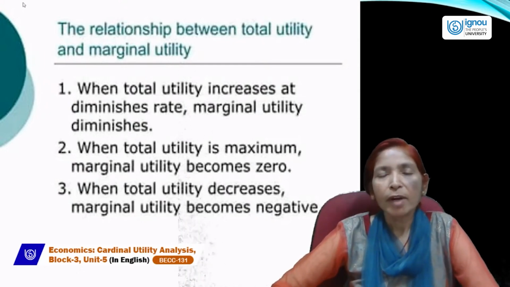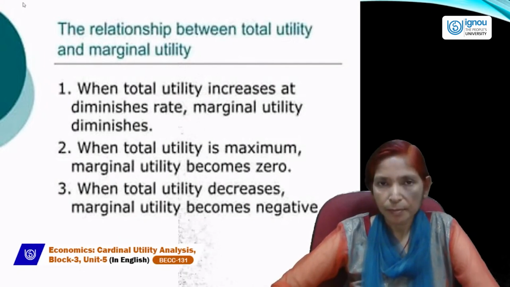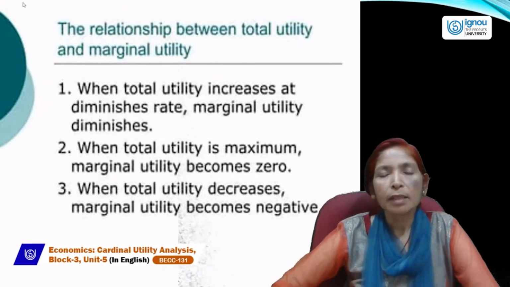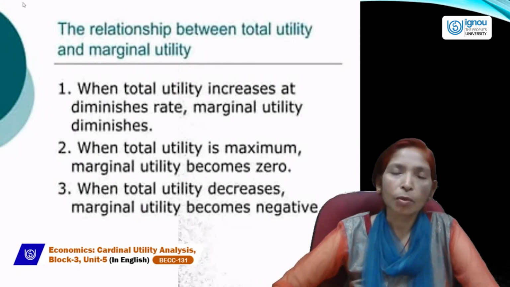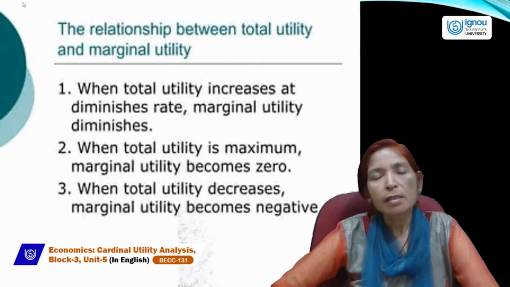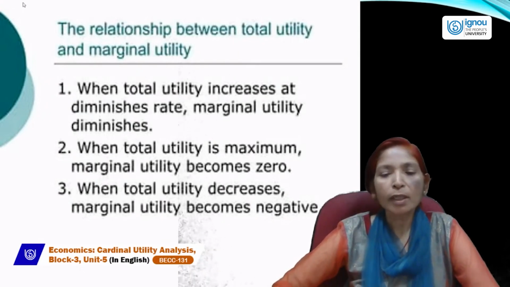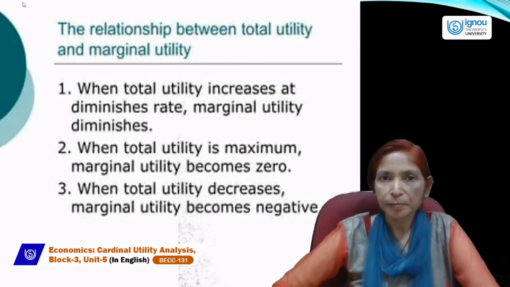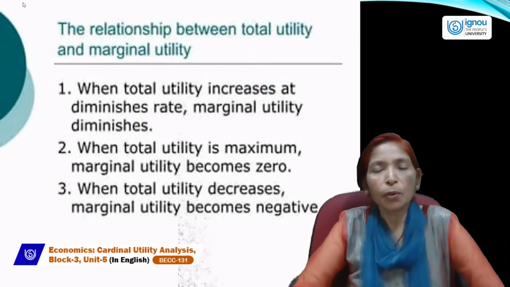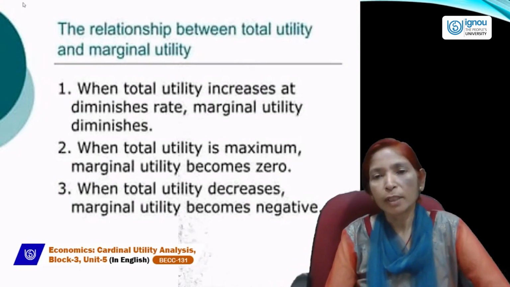It means when TU increases at a diminishing rate, then MU will diminish. Next, when total utility is maximum, then marginal utility will be zero. Third relation is when total utility starts falling, then marginal utility will become negative. So there are three relationships between total and marginal utility.